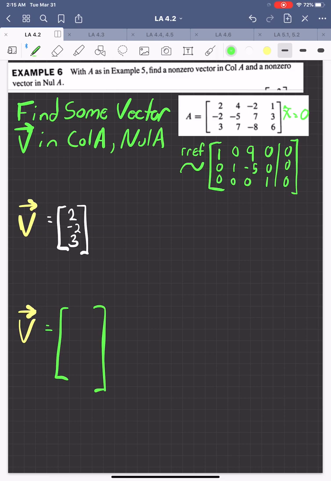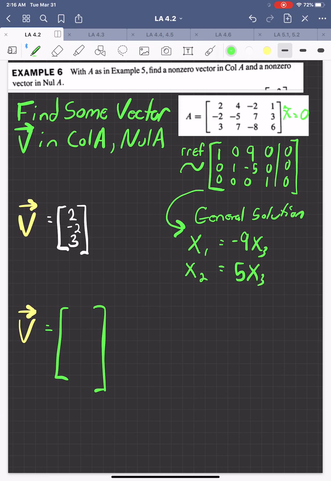Well, let's go ahead and move from here back to a system. I'll give you the general solution. So x sub 1 is equal to negative 9 x sub 3. X sub 2 is equal to 5 x sub 3. X sub 3 is a free variable.